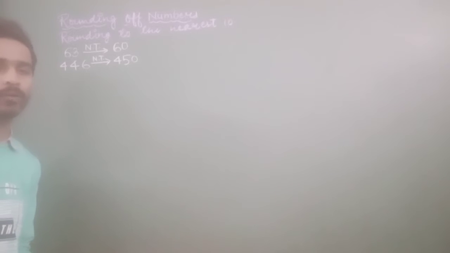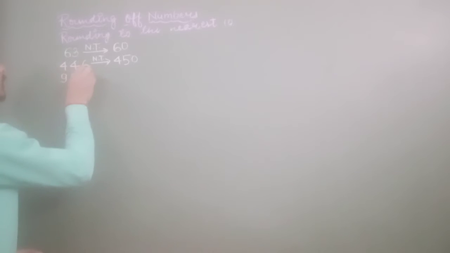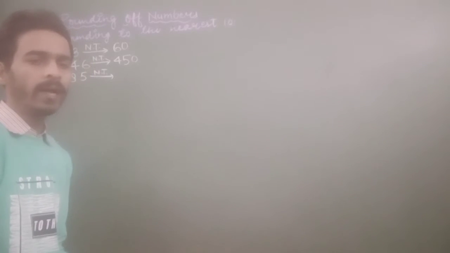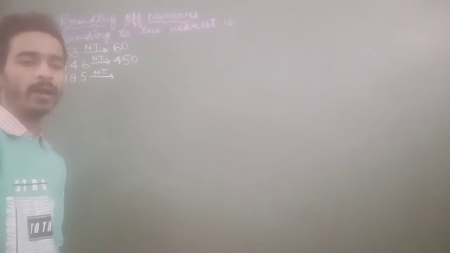The next example is: round off 985 to the nearest 10. Now we can see here that 985 is between 980 and 990.